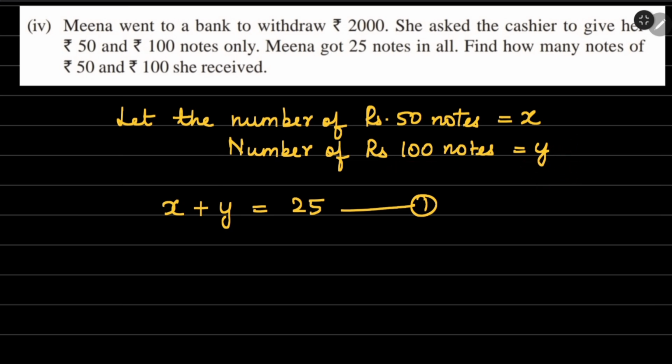The same way, the total value of money: each note is of rupees 50, so X notes will be X into 50. That is the money value. Plus each note is 100. We don't know how many 100 rupee notes there were, so 100 rupees value multiplied by the number of notes, Y, is equal to the total value of money, which is 2000.